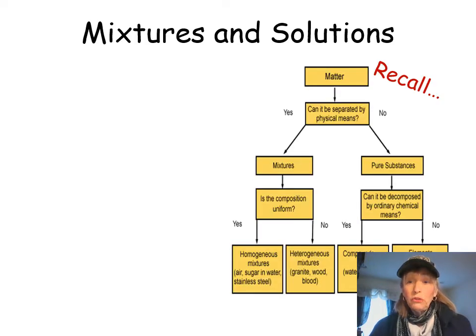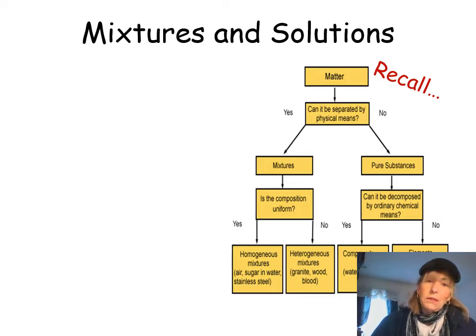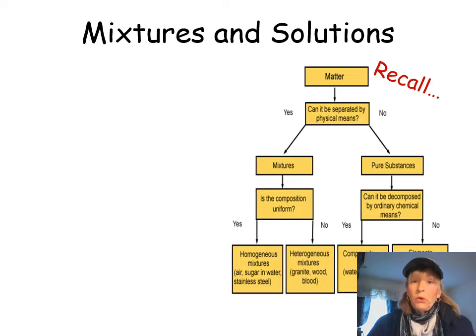So I want you to recall mixtures and solutions. Recall, we studied matter earlier in the semester and we broke matter down. We looked at matter and asked, can it be separated by physical means?